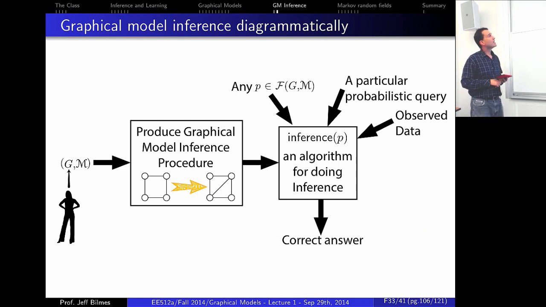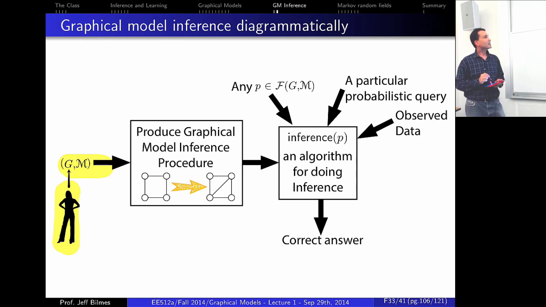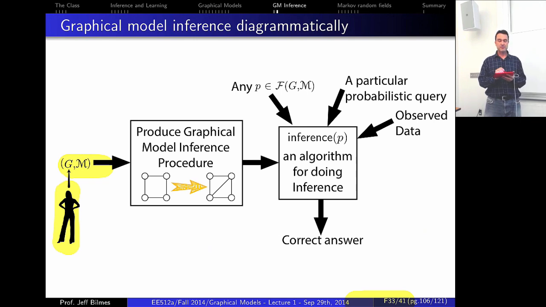So what do we do with a graphical model? We have a graphical model and a family, and maybe that's designed by some person. And once we have that, we would just look at the graph and the Markov properties, and we would design a graphical model inference procedure. Now this inference procedure can work for any member of the family. So now we've got an inference algorithm.